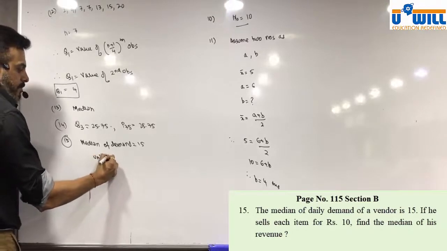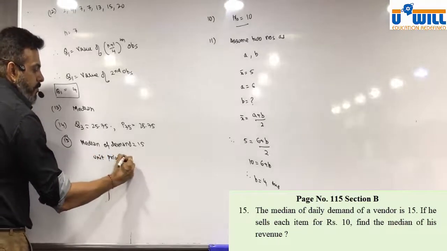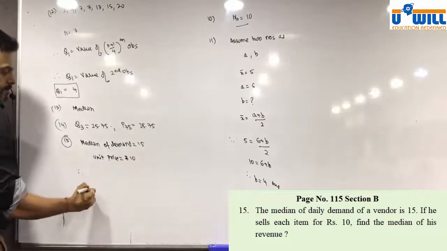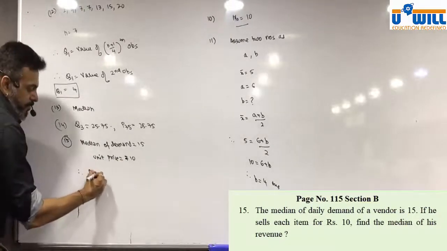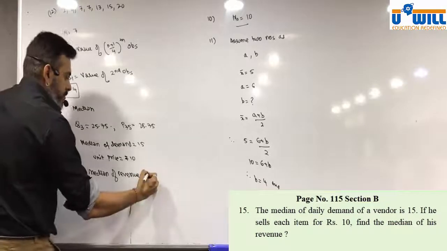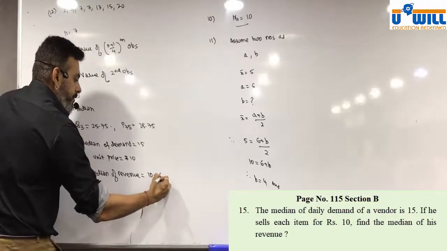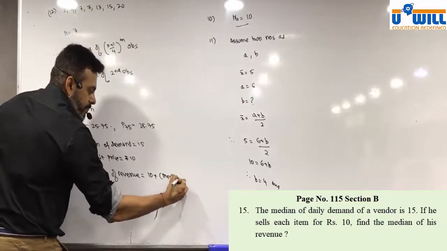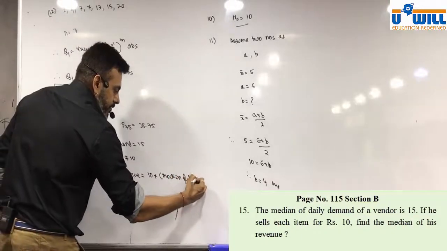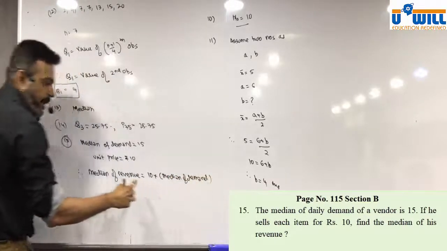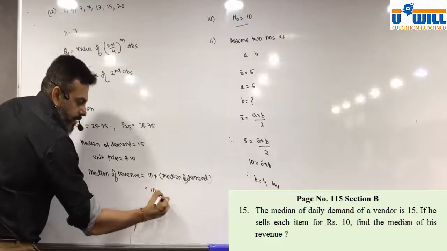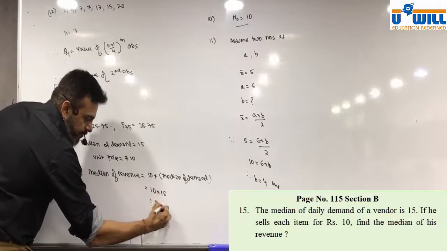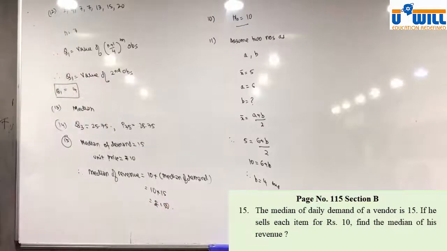Unit price is equal to rupees 10. Therefore, median of revenue is equal to 10 into median of demand. I expect you to write all these things to get full marks in exam. Okay, is equal to 10 into 15, which is equal to rupees 150.